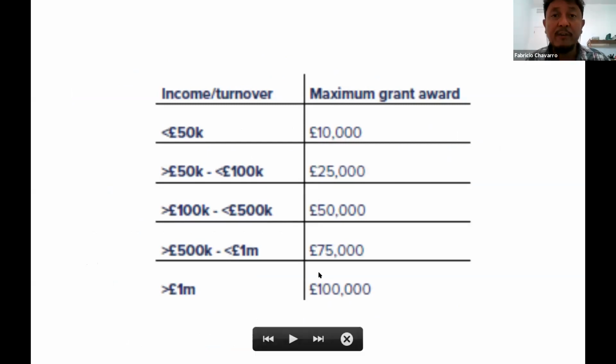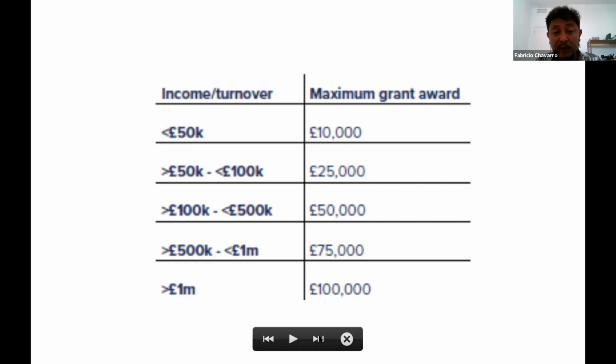In terms of how much organizations can apply for with this program, it varies depending on the turnover, the income of the organizations. So if you have an income of less than £50,000 in the last 12 months, you can apply for a grant of £10,000. If your income goes from 50,000 up to 100,000 in the last 12 months, you could apply for a grant of £25,000.